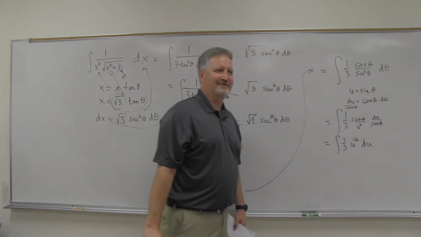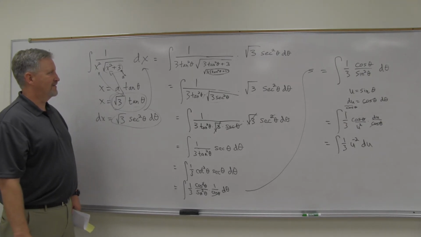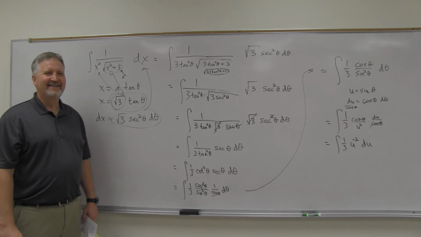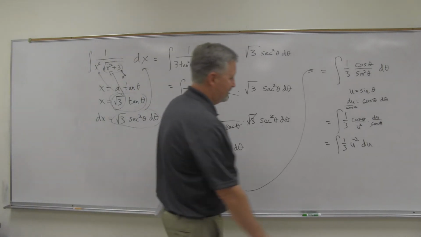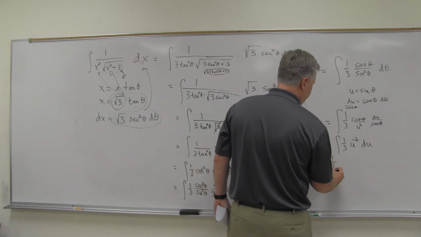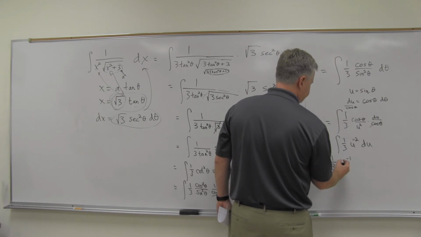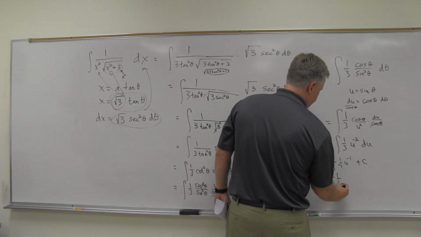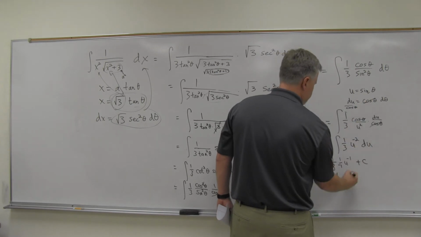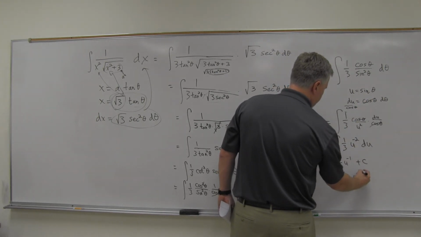That's just the power rule. We haven't seen that today, have we? Yeah, just the power rule. 1/3, add 1, so we got u to the minus 1, and 1 over negative 1, we have to do that. We got negative 1/3, and u, go back to this, it's sine of theta to the negative 1 power plus c.